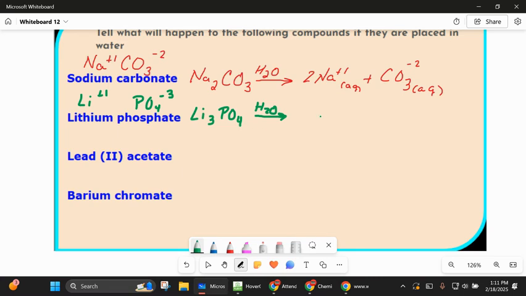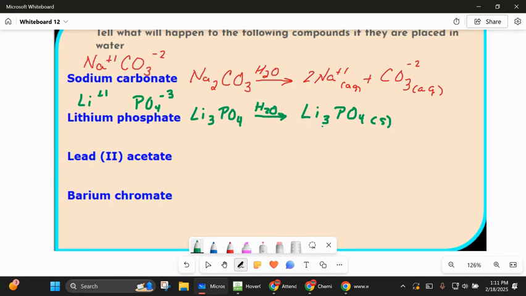This is a precipitate. So I am just going to rewrite my formula exactly as Jade gave it to me, and I'm going to put an S by it. And I am done. Finished, complete. Questions? Any?